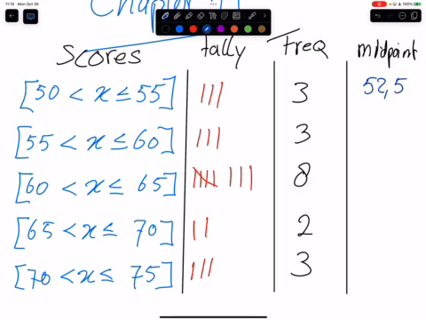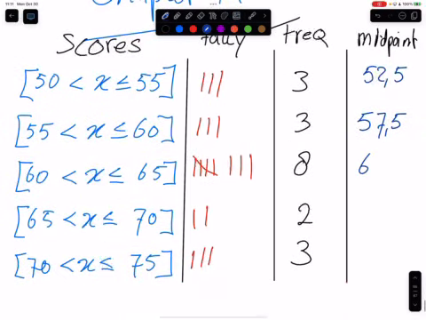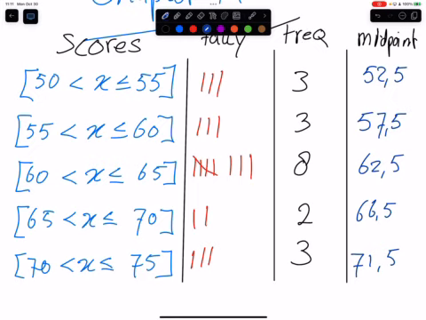This is when drawing a cumulative frequency. 55 and 60, this is 57.5. It goes up with 5, if I'm not mistaken. And you have 62.5, 67.5, and then 72.5.